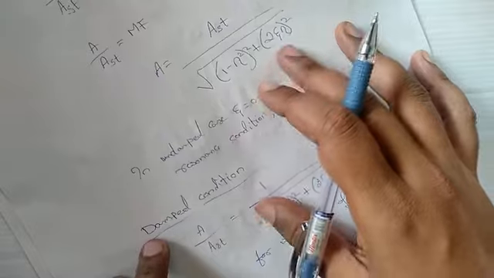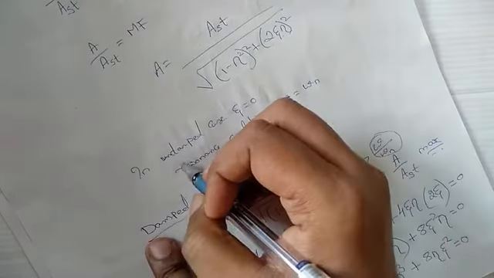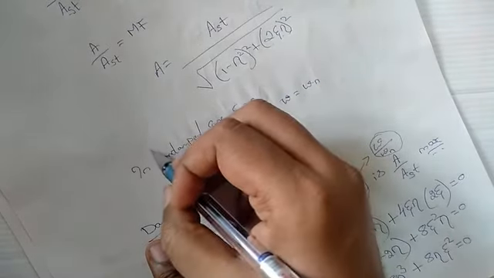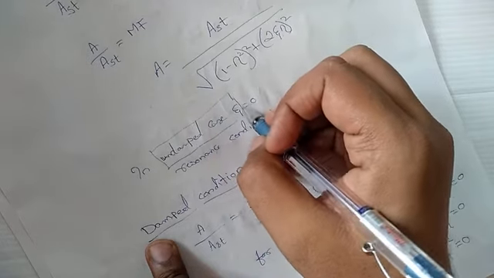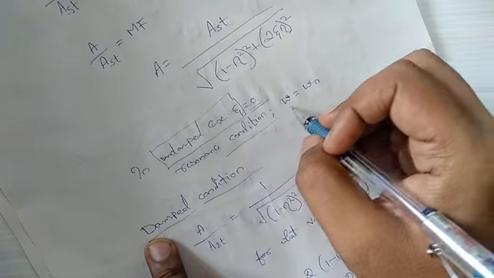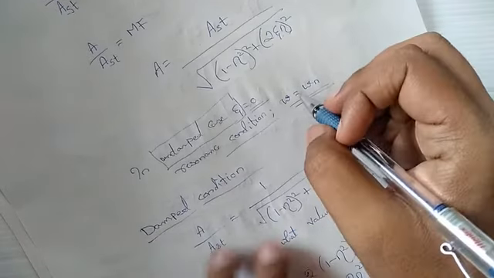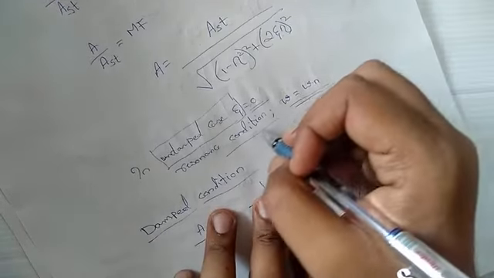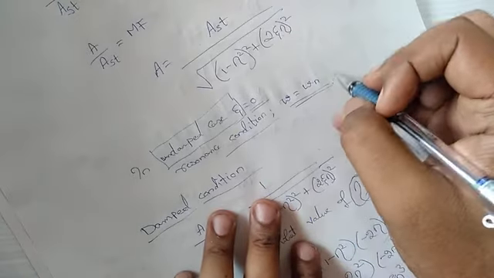Okay, so only in the undamped case, where zeta equal to 0, resonance condition omega equal to omega n, the peak amplitude is also at the resonance condition, that is omega n.